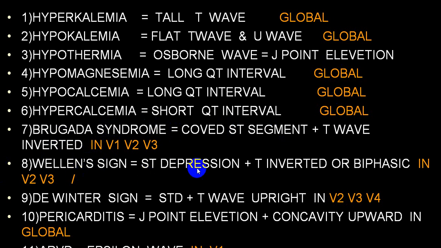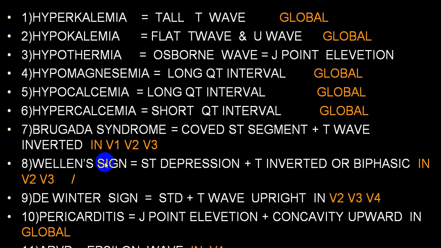Wellens sign, you will have ST depression with a biphasic T wave in the type 1 or type A variety, and a deep symmetrical inverted T wave in the type 2 variety, and you will see those changes in V2, V3.